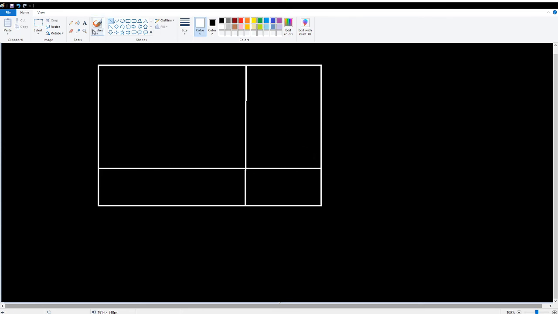Given this rectangle here. Okay. Let's make dotted lines. Okay, this is dotted lines.